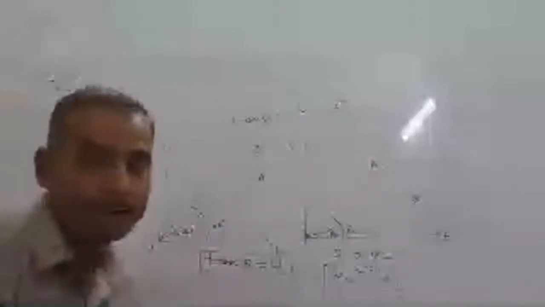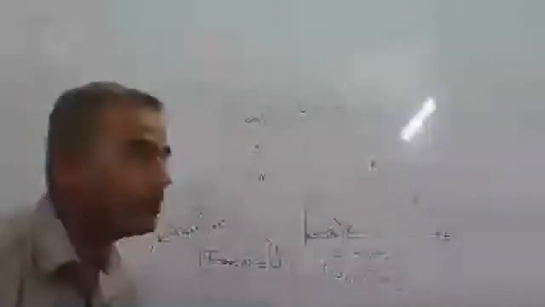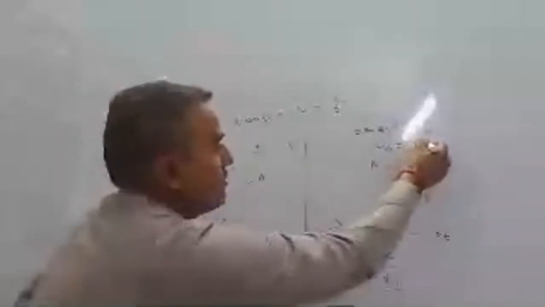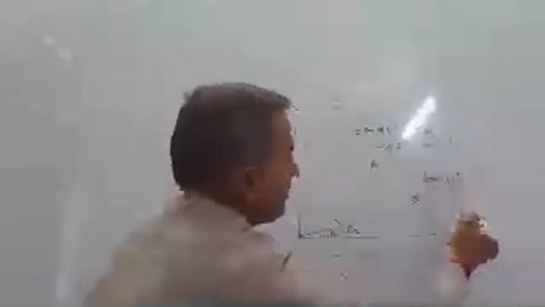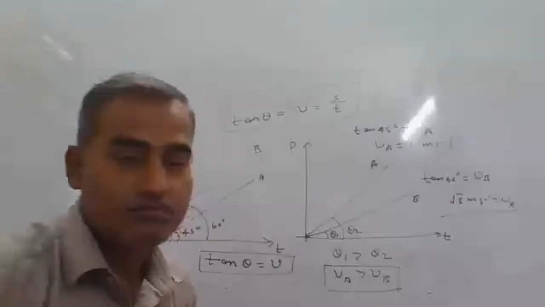Velocity of body A is 1 unit, then VA equals 1. The slope of the position-time graph gives velocity.